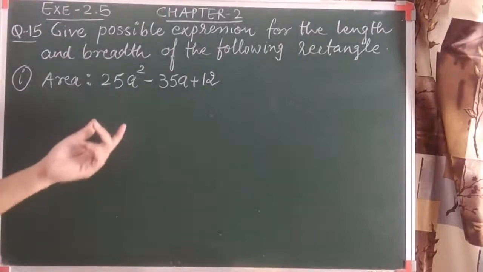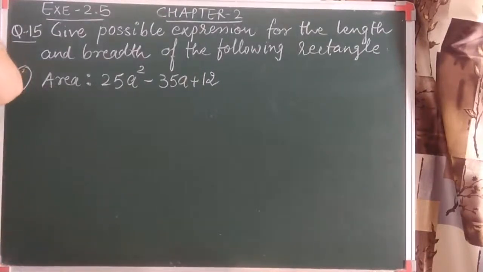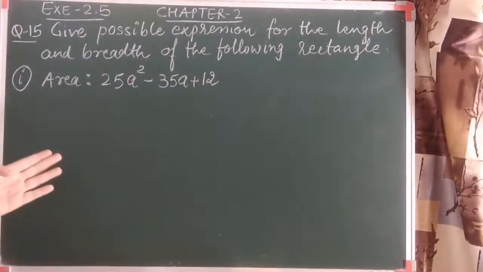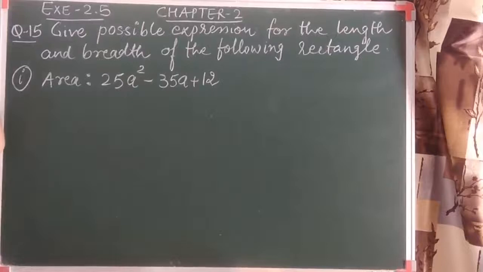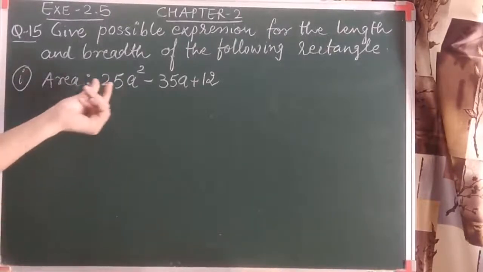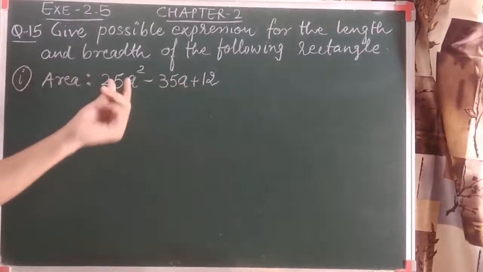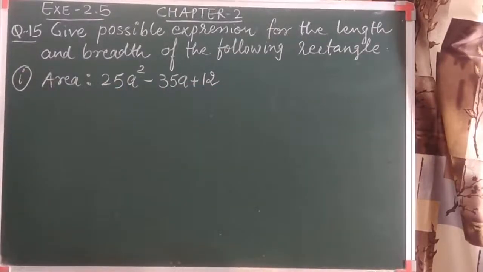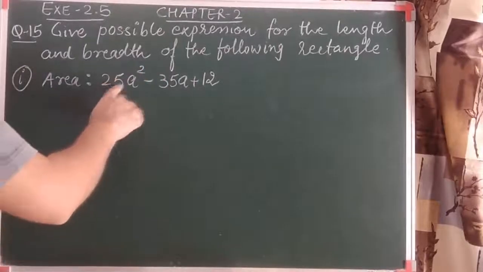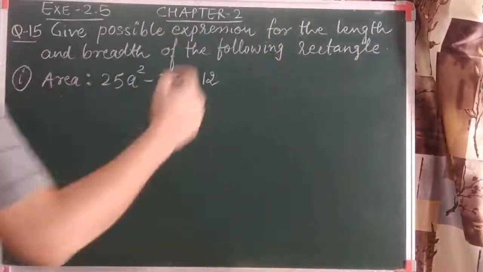We have already discussed how to find the factors of a quadratic polynomial, that is by the splitting method, which we discussed in exercise 2.4. The method here is the same, but you can see that the coefficients are quite different, that is, greater. So what I used to tell is that we have to do the product, then find all the possible factors.